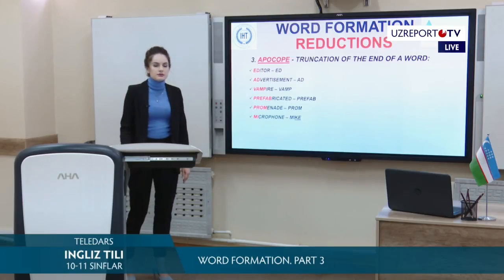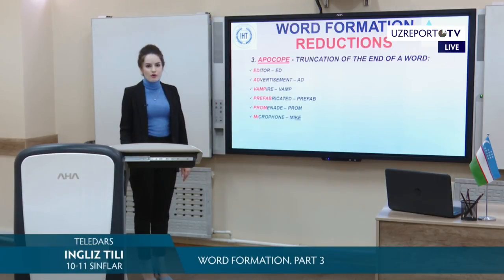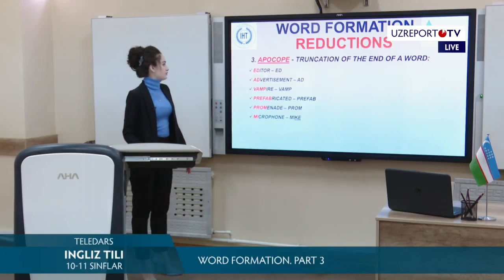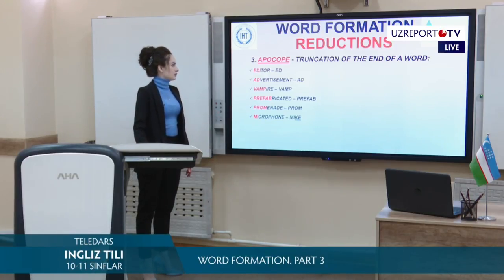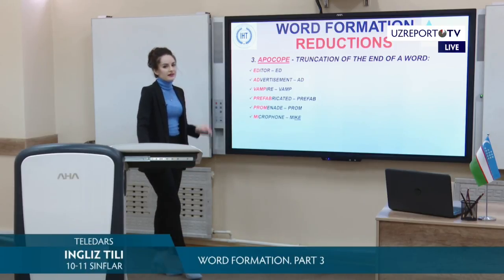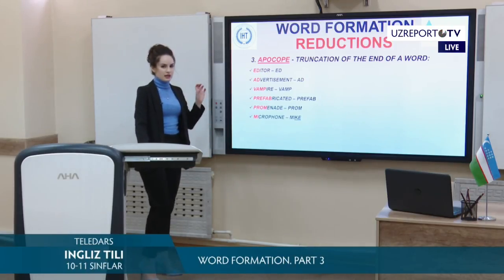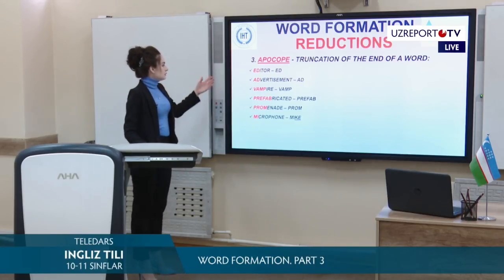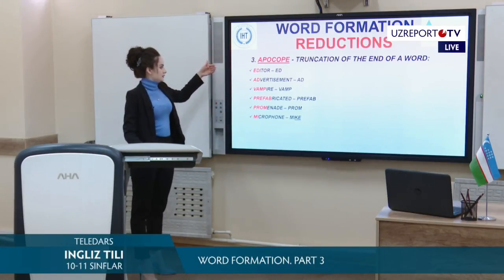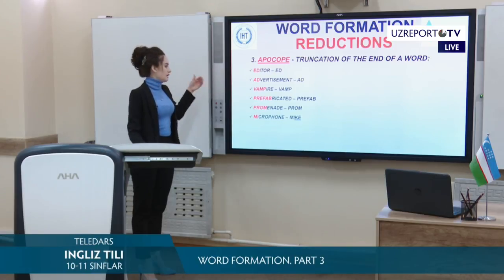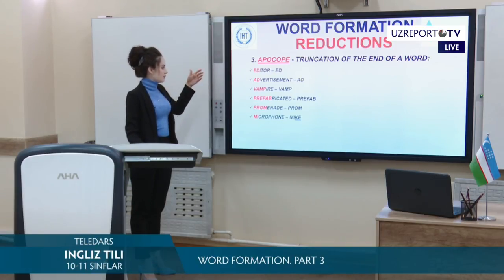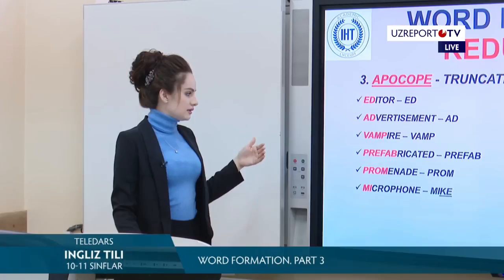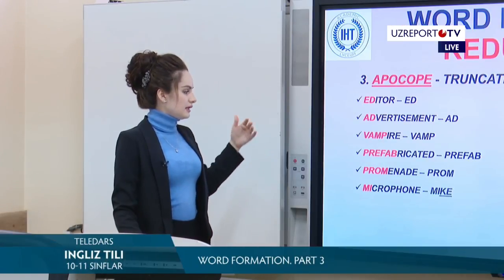Now let's go to the third and the last type of reduction of official words. Apocope, truncation of the end of the word. We have already discussed beginning, middle, now it's the end of the word. So, editor, ed. Advertisement, ad. Vampire, vamp. Prefabricated, prefab. Promenade, prom.